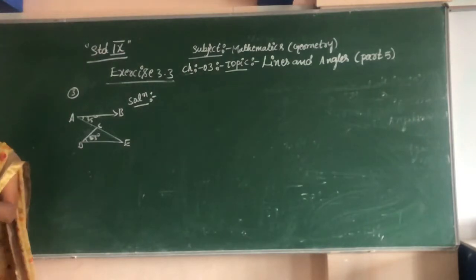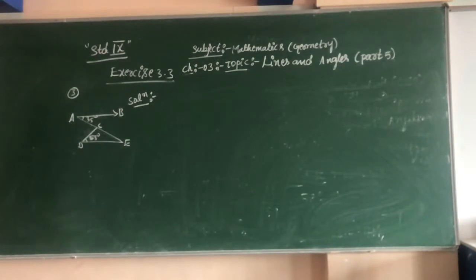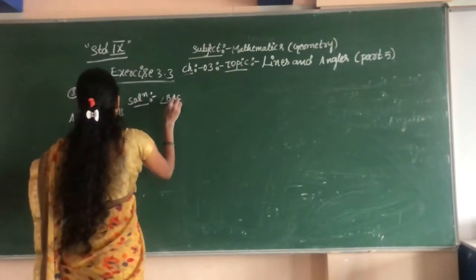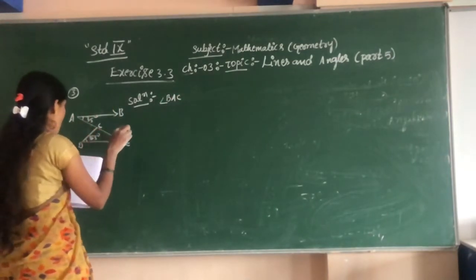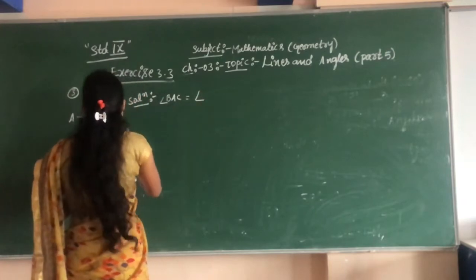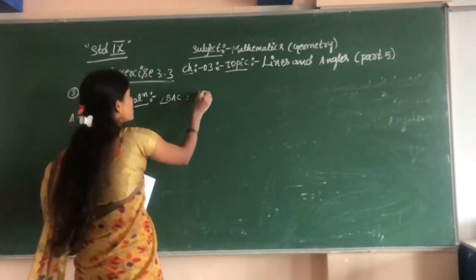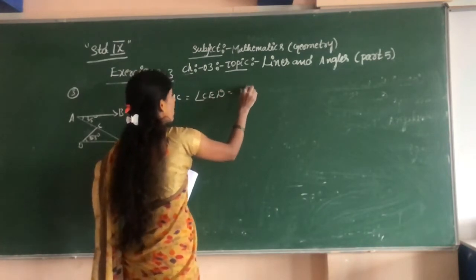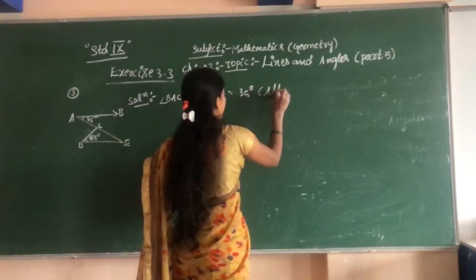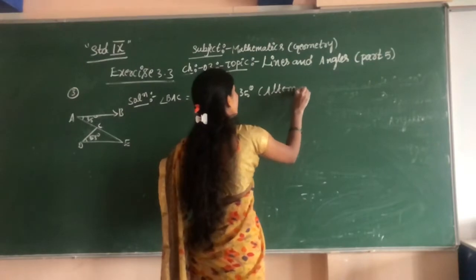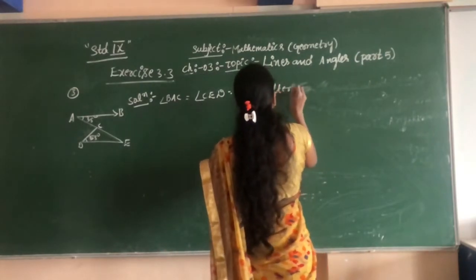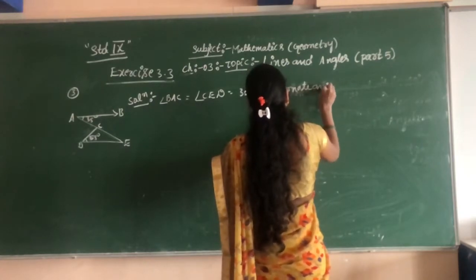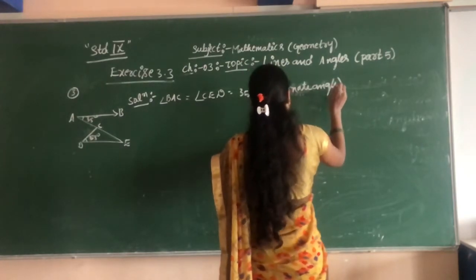So we should write angle BAC is equal to angle CED is equal to 35 degrees. Why? Because they are alternate angles.